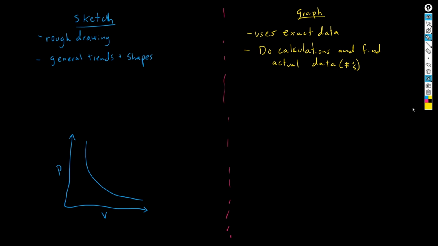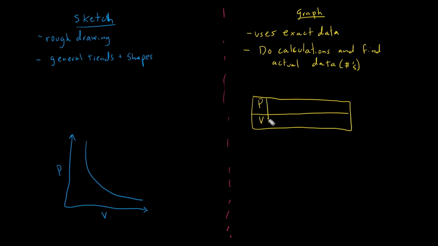On the other hand, if I wanted to do a graph of pressure versus volume, I would need pressure versus volume data. Meaning I will need to be able to see that as pressure goes up, volume goes down, and vice versa. So maybe this is 1. I know I'm going to keep it simple here, but 1, 2, 3, 4, and then the pressure will be 4, 3, 2, 1.